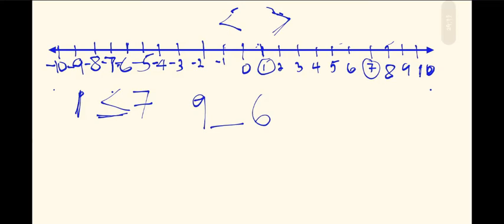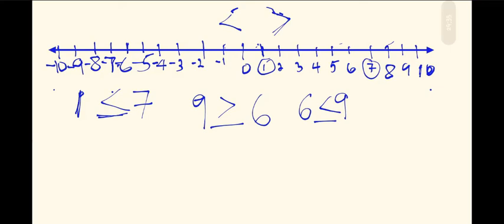If we want to use a smaller than sign, then we have to write the 6 first. So then we can write 6 is less than 9. But with this, we have to use a greater than sign so that we read 9 is greater than 6.